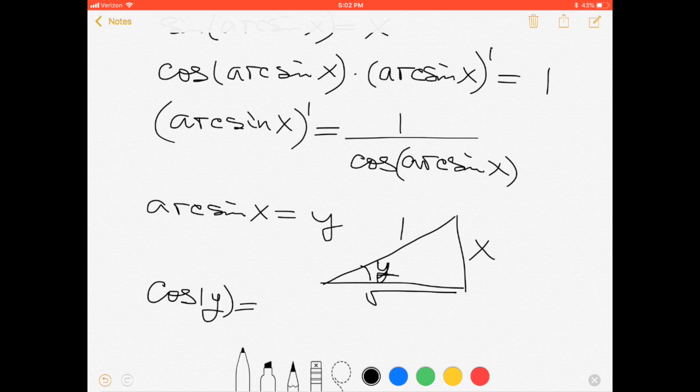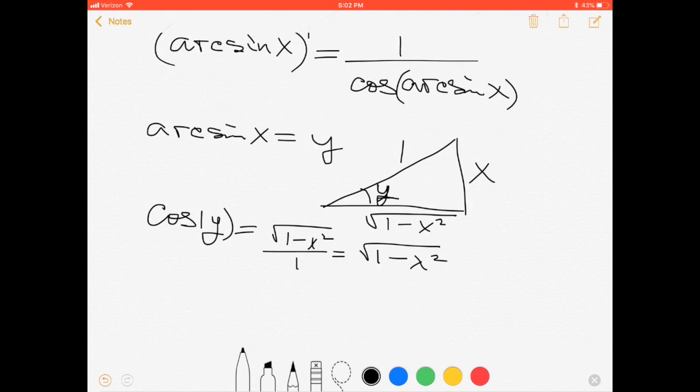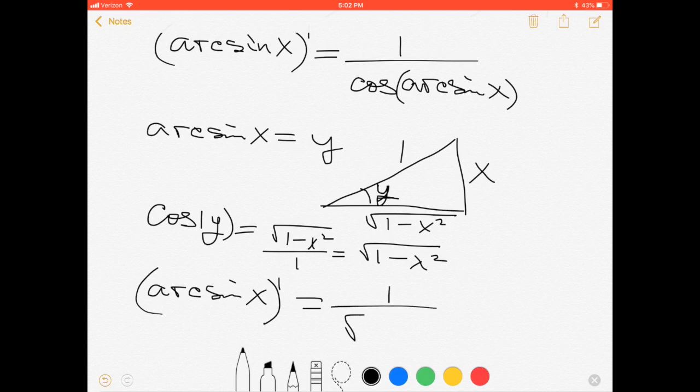We need to find the third side, it will be 1 minus x squared under the root. It will be square root of 1 minus x squared over 1. This means square root of 1 minus x squared. Plugging this information into our formula, what we prove: the derivative of arcsine x will be 1 over square root of 1 minus x squared.